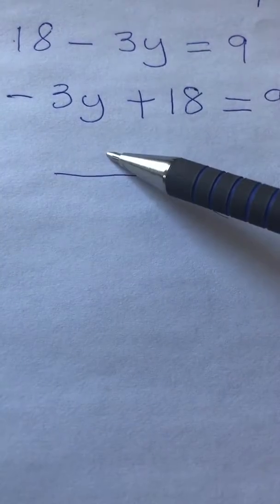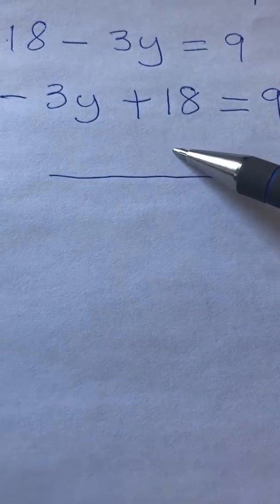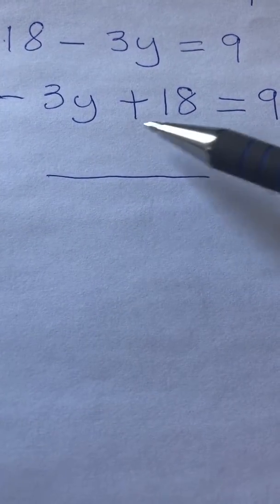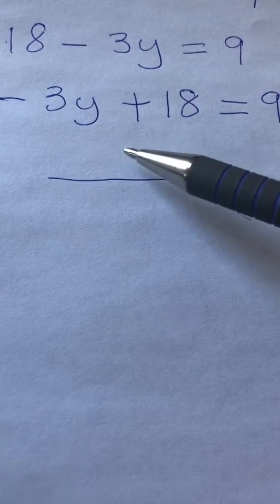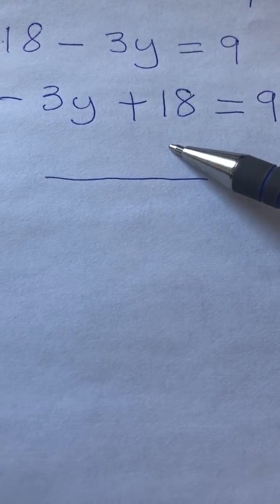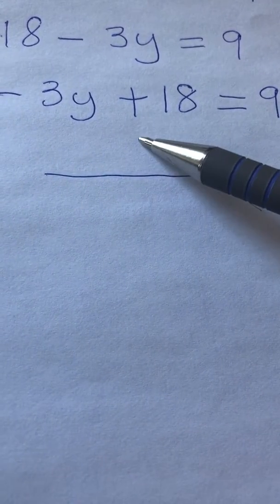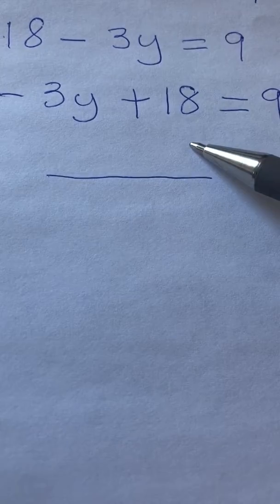How are they related? And here we see that 18 is being added to 3y. So we know that this is an addition. Why is that important? Because when we're isolating for the variable, what we're going to have to do at each stage is to use the opposite operation to isolate for the variable.